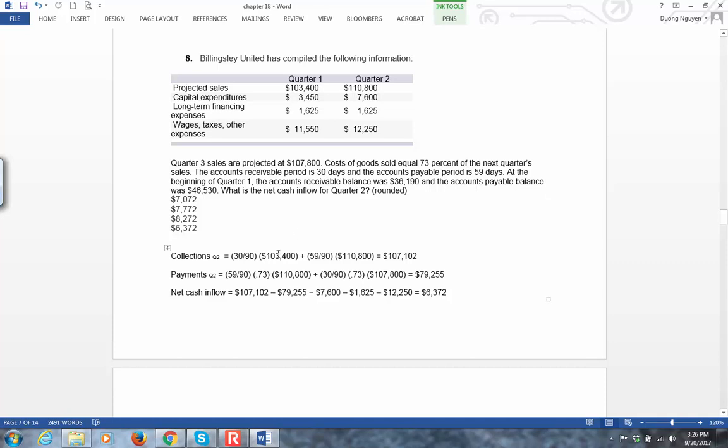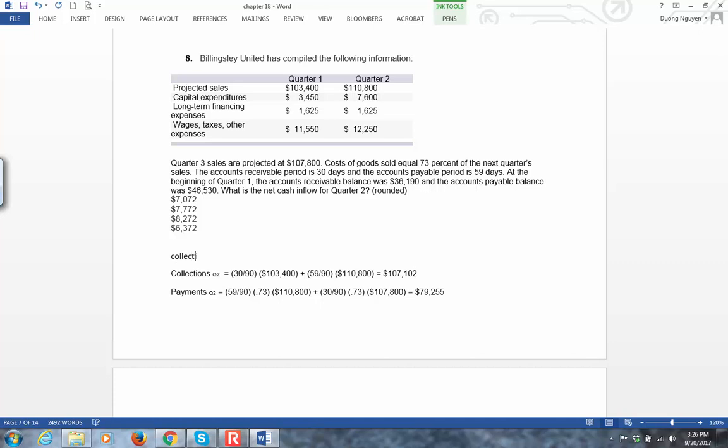What it means is the collection in quarter 2 will have 1/3 of the sales in quarter 1, because account receivable is 30 days.